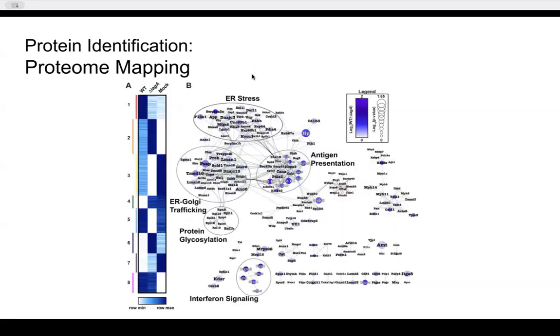Next, protein sequencing is also important in creating what we call proteome maps. So this helps to catalog all proteins within a cell, within a tissue, or even within a whole organism.